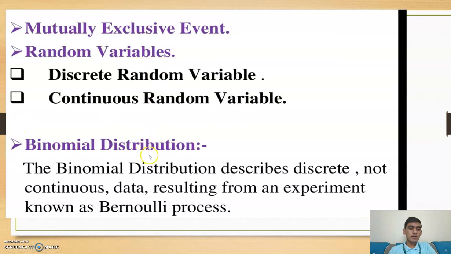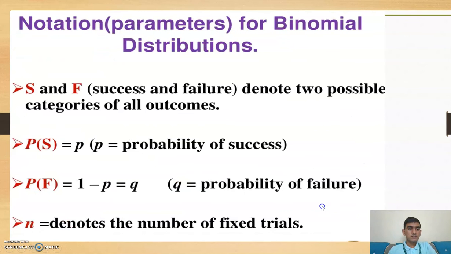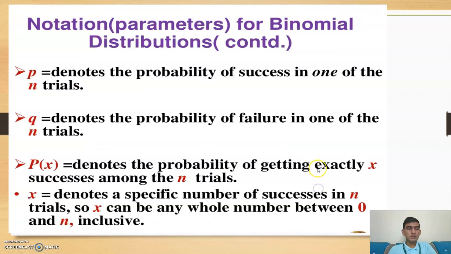Now we will see what is binomial distribution. The binomial distribution describes only discrete data and does not describe continuous data resulting from an experiment. We will see some notations of the binomial distribution. P denotes the probability of success in one of the n trials. Q denotes the probability of failure in one of the n trials.